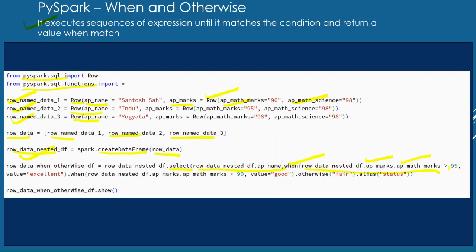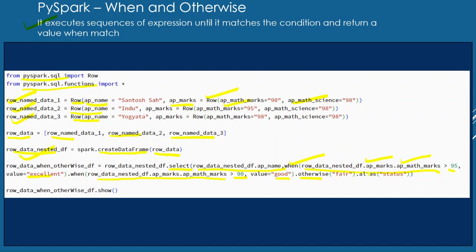The condition here I am putting is: if it is greater than 90 then print excellent. If ap_math_marks is less than 90 then put good as a value.